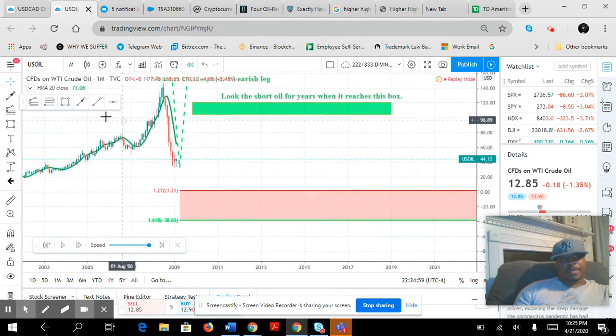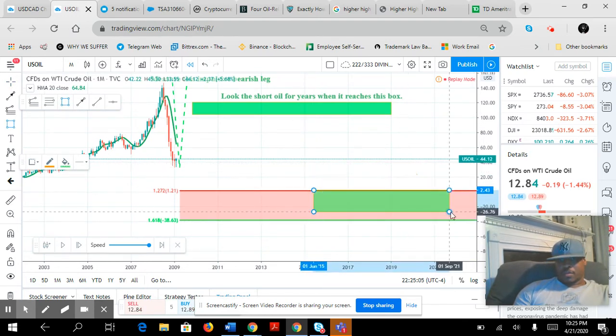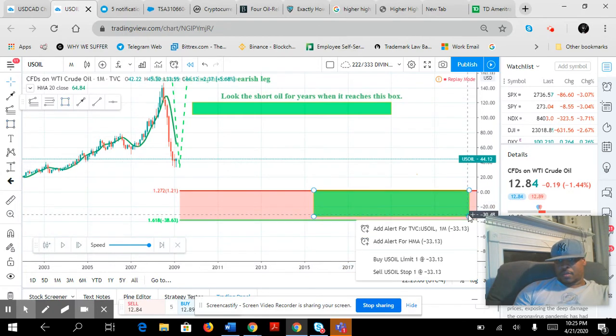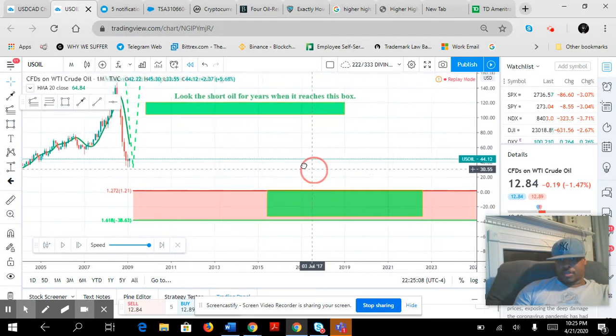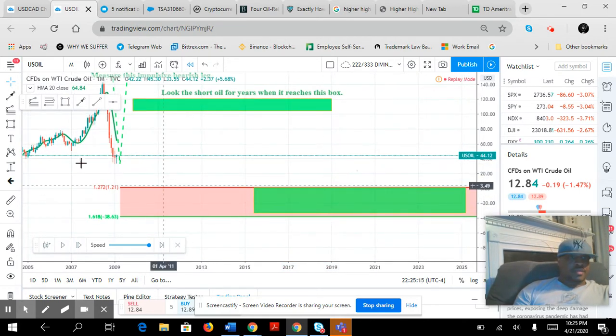Also, what we're going to do is add another box down here as targets. And then we're right in the box.